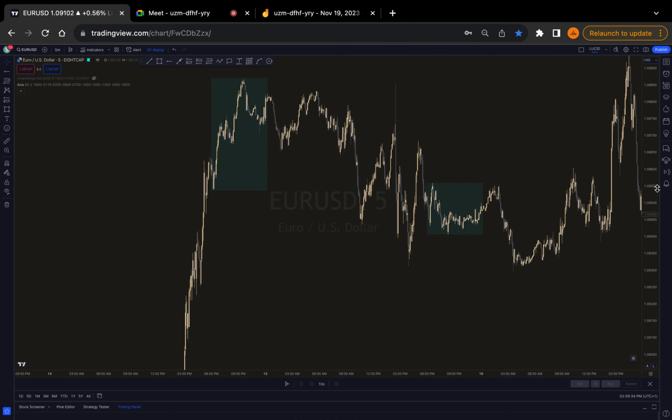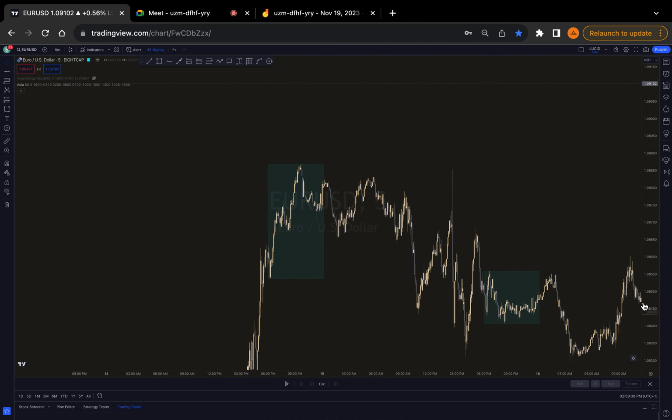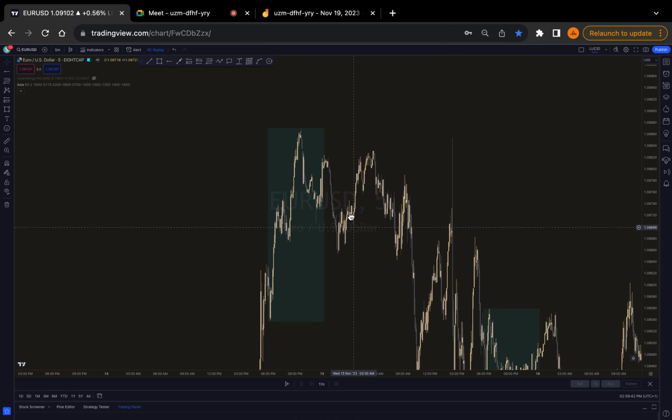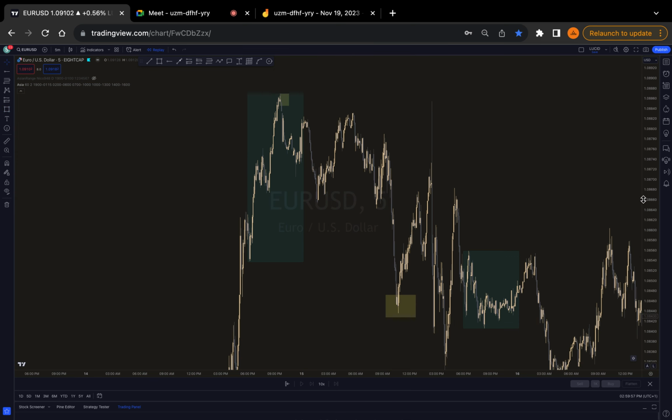Now let me show you guys something. You see here, even though this market from here to here is a downtrend, from this high to this low is a downtrend. Now, can you see what price did?